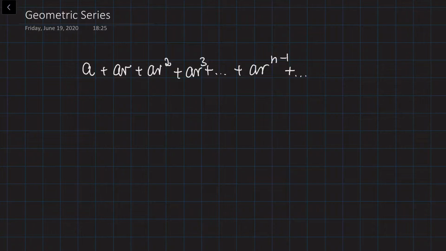In general, we can write down the geometric series in this form, where a is going to be the first term, and the second term is obtained by multiplying the first term by some common factor r.